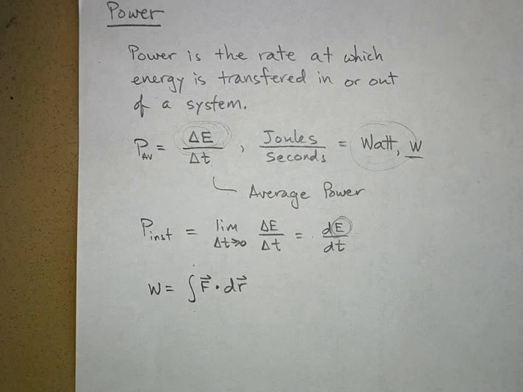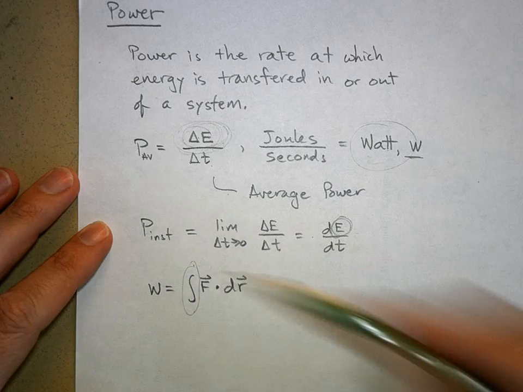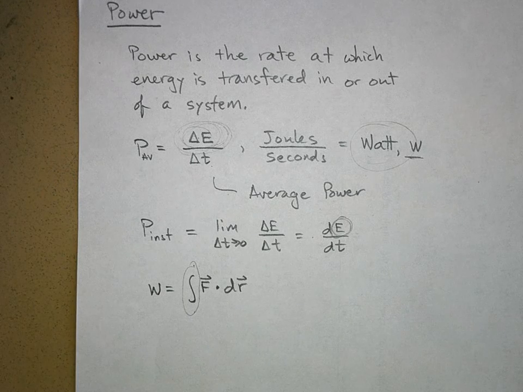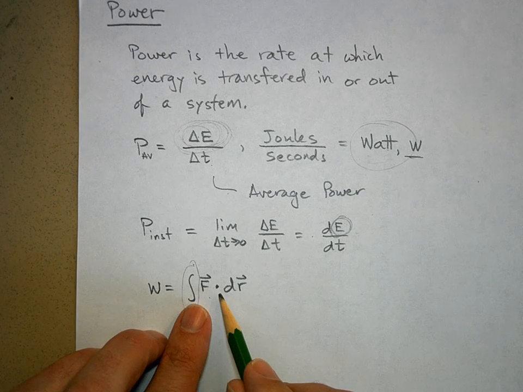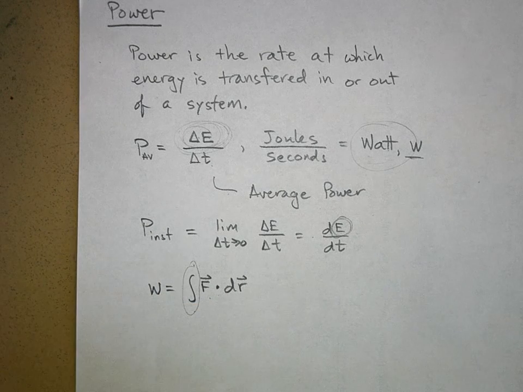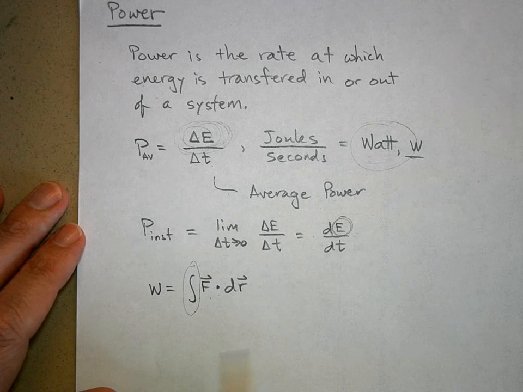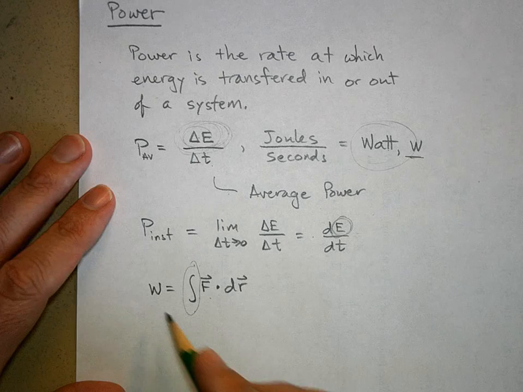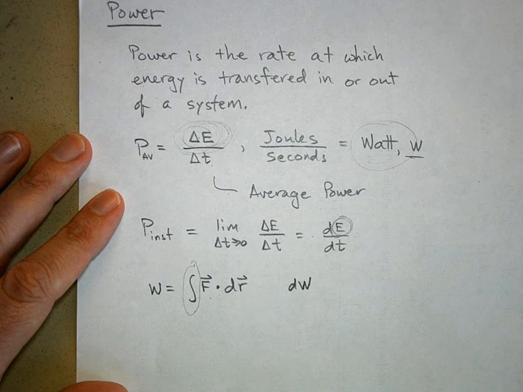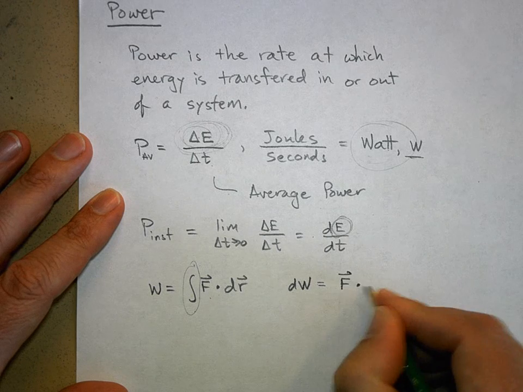But what if I take this little integral sign away and say, let's not sum them up yet. Let's just look at the force times a little tiny displacement. What do I get when I take the integral sign away? This turns into a differential form, and really what we get is a little tiny bit of work, dW, equal to F dot dr.